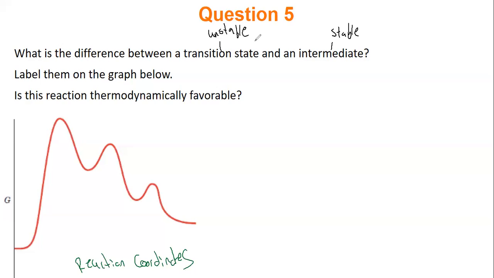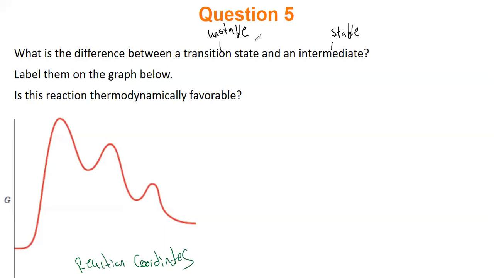A transition state does not exist outside the enzyme. You can never measure it because it forms and breaks so fast that the only way you know it exists is through some clever experimentation or a lot of theory, a lot of physical chem. So that's my simplest definition.